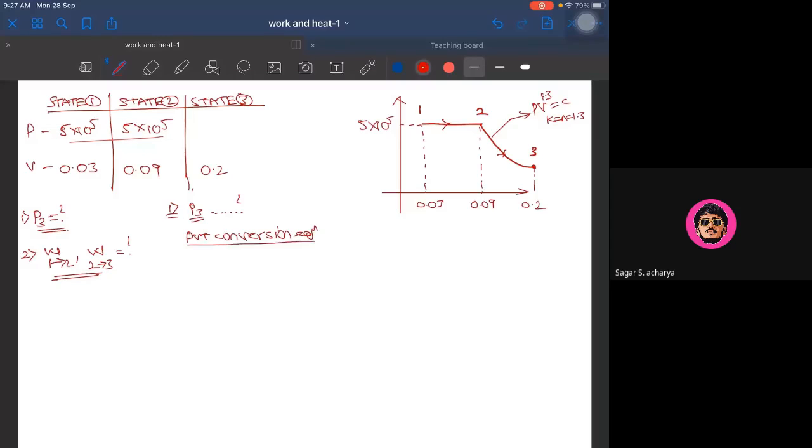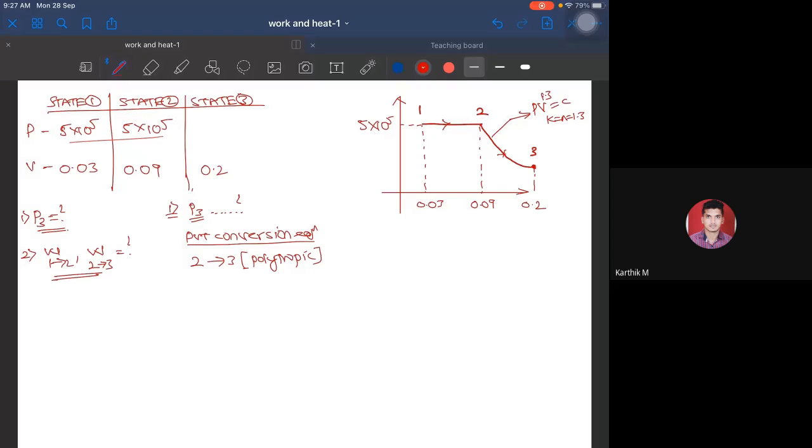For which process, 1 to 2 or 2 to 3? 2 to 3 I should use. Which process is this? Polytropic. So for a polytropic process, what is the PVT conversion equation?